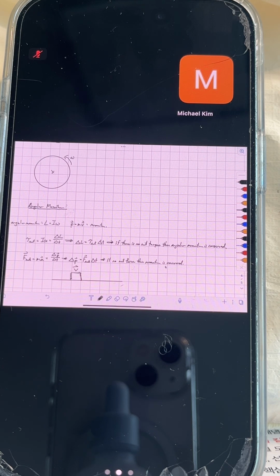But we said that the thing that makes angular momentum more interesting is that, unlike in the case of translational momentum, where we were always assuming that our mass is fixed, for angular momentum this rotational inertia I, even for a single object, can change.